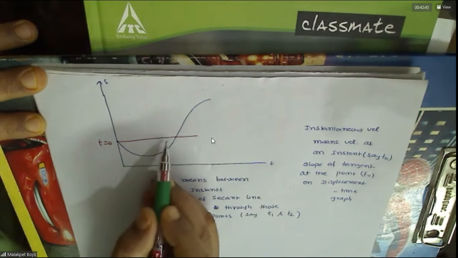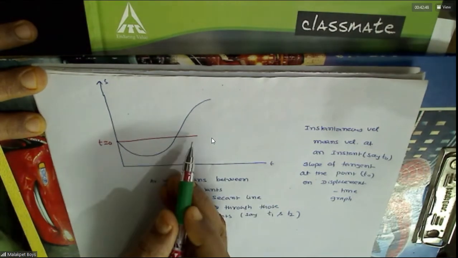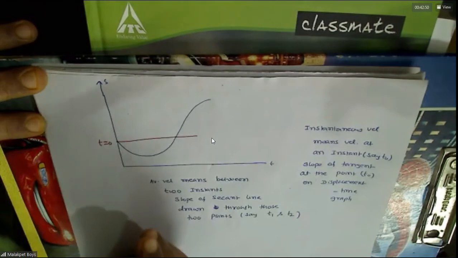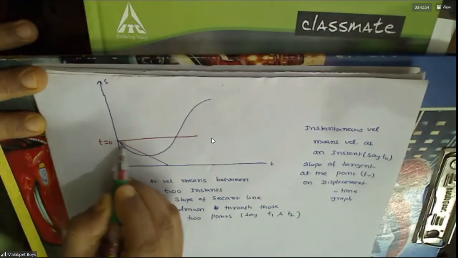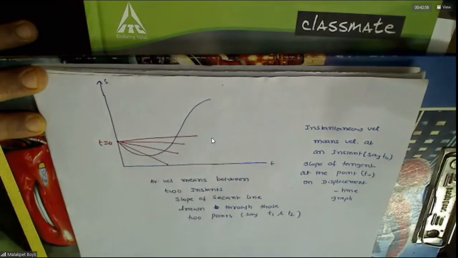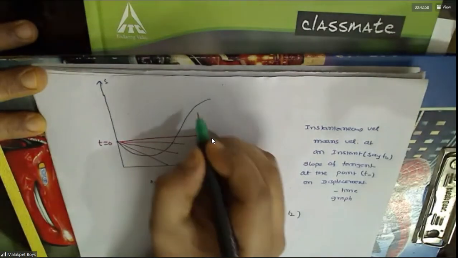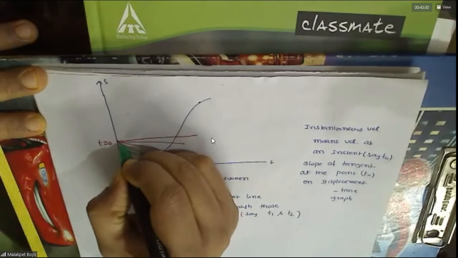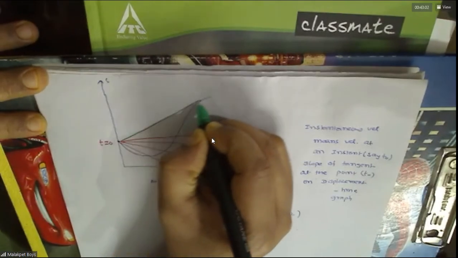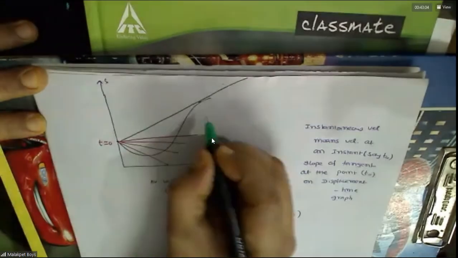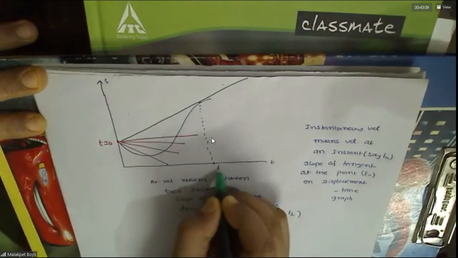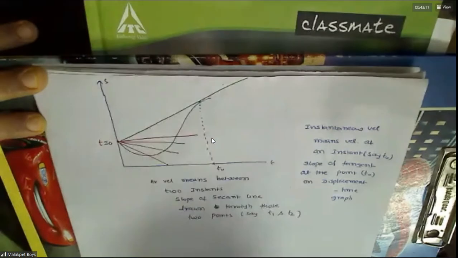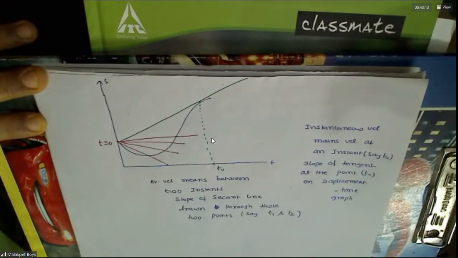Can I call this a tangent? No. Tangent means it should touch a single point only. So this is not a tangent. Now there is only one place here where you can draw a tangent. This is t naught. Now this is the secant as well as the tangent. Do you agree with this or not?